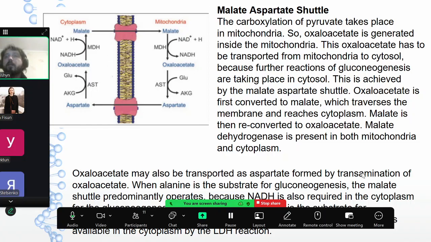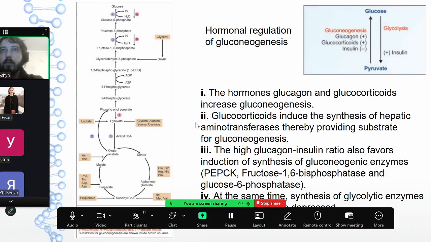But you see that different molecules, some of them can go on their own, some of them need to be transferred through specific channels, and some of them are even converted to different molecules to be transferred and then converted back. So here the malate aspartate shuttle is shown. And here is, I guess, the last slide.